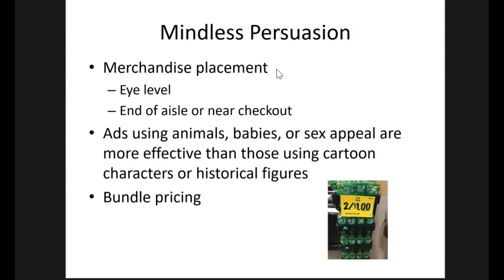Another really funny thing is we tend to be persuaded by bundle pricing. We are more likely to buy an item at 2 for $1 than 1 for 50 cents, because this, in our very quick automatic processing mode, feels like we're getting a better bargain.